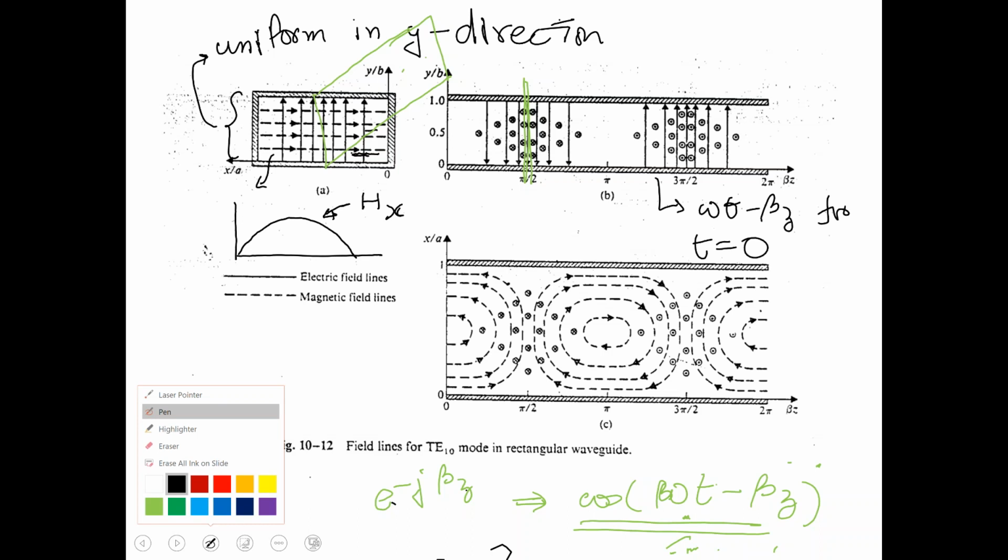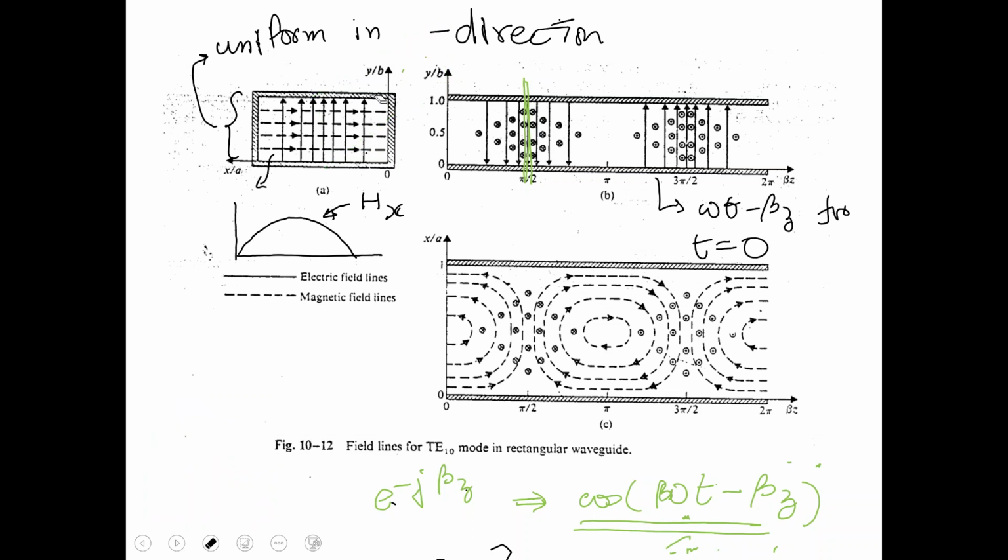On the other hand, if I take the xz plane, if I take a cut on this plane, right at, let's say, y equal to b/2, and this is a cut at x equal to a/2, then you're going to see that the E field is pointing in or out of the plane depending on whether cos(ωt − βz) is positive or negative.